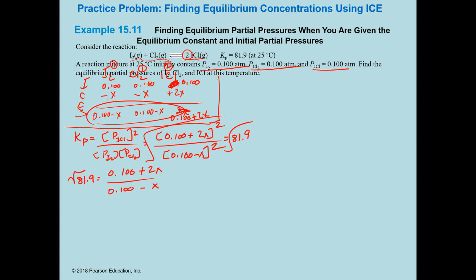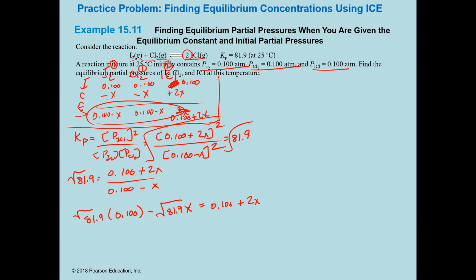All right, so I got to get rid of this on the bottom. So the square root of 81.9 times 0.1 minus the square root of 81.9 times x is equal to 0.1 plus 2x. All right, so I need to combine like terms. I want all my x's on one side and all my numbers on the other side.